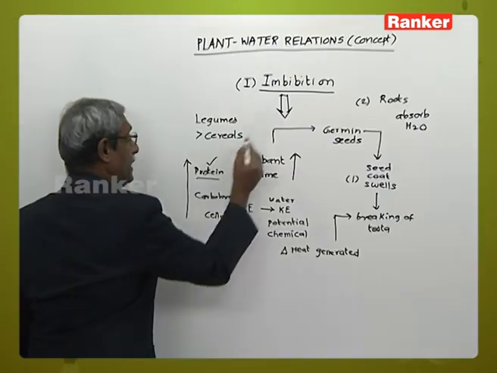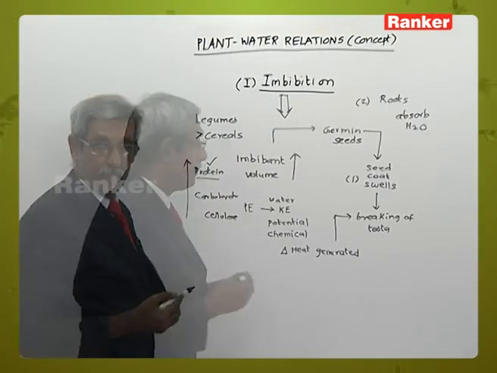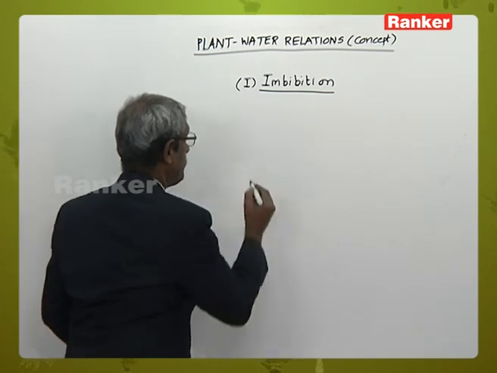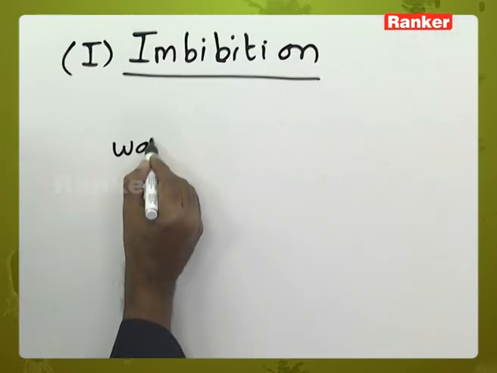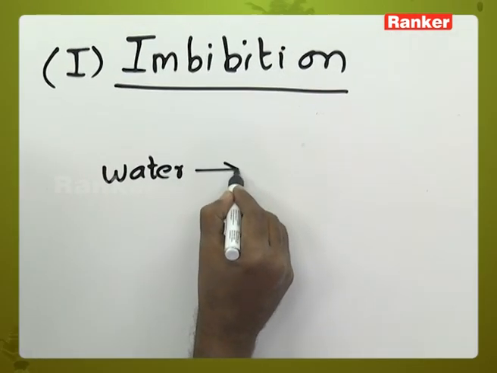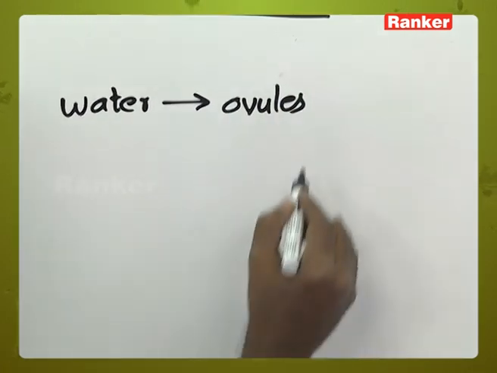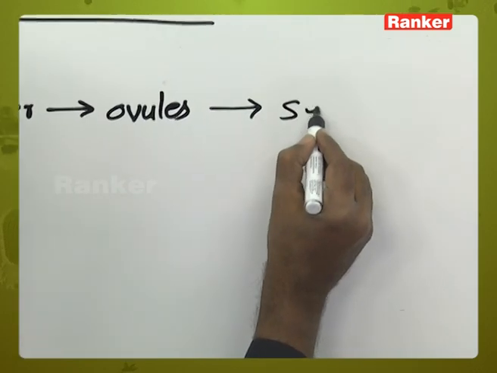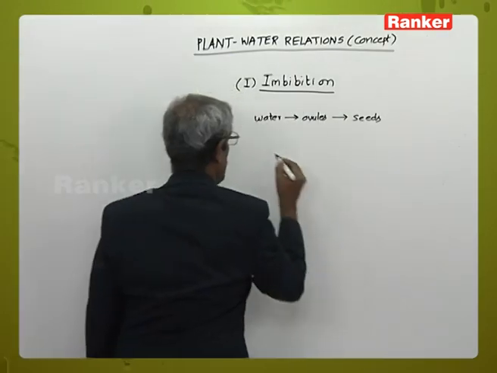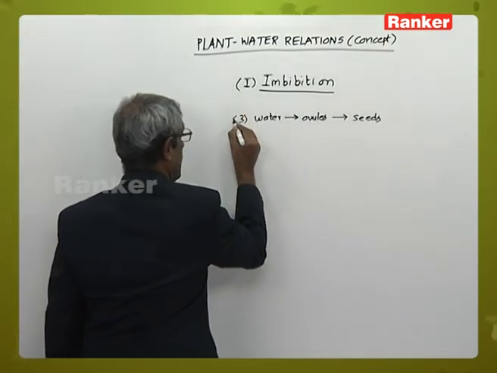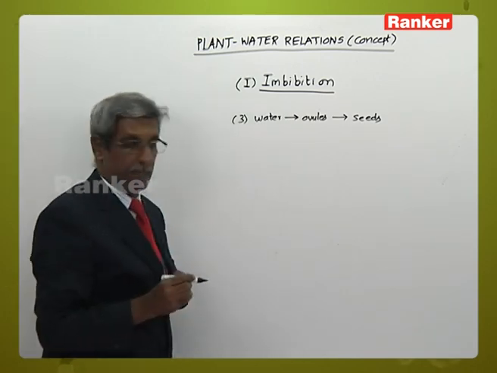Proteins have a greater value of imbibition. The entry of water into ovules prior to the formation of seeds is also an example of imbibition.